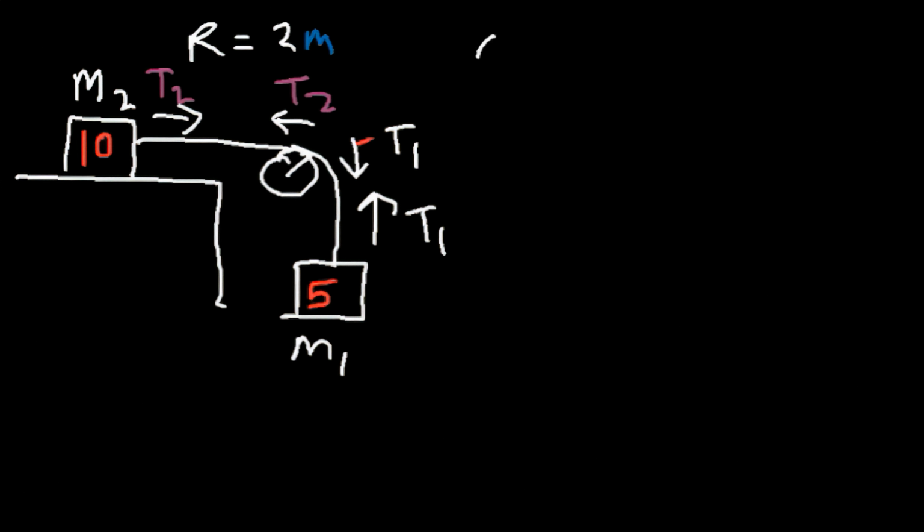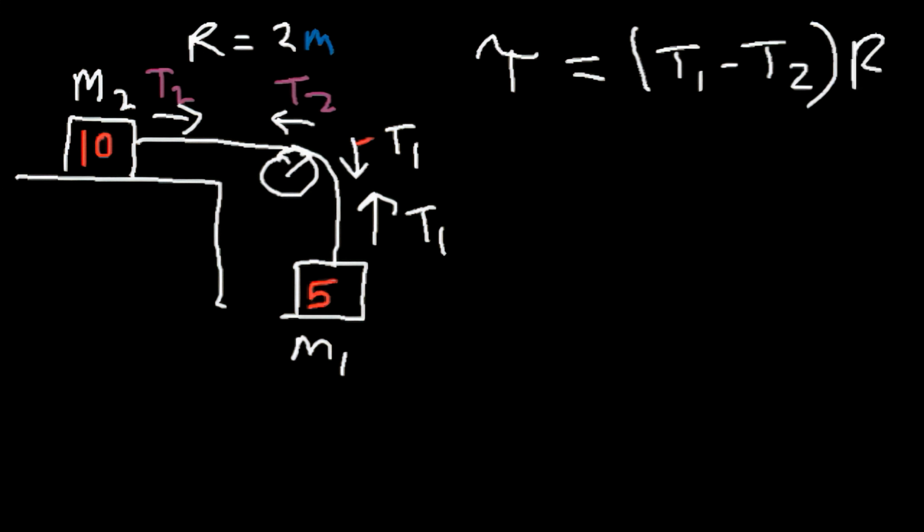So the net torque acting on the pulley is equal to the net force on the pulley multiplied by the radius. The net force is the difference between the two tension forces acting on the pulley. So it's T1 minus T2 times the radius of the pulley, or the disc. And let's make a note that the mass of the pulley is still 8 kilograms, since I deleted it to make space for T2.